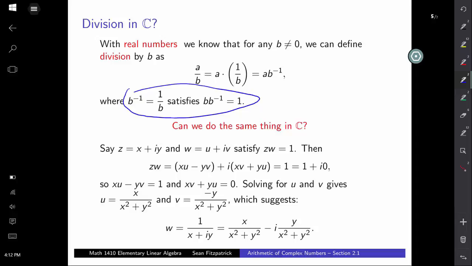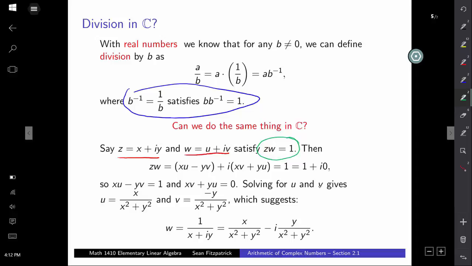Well, one way to think about it is you just try to solve an equation, right? So you choose two complex numbers, say z, w, and you want them to satisfy this relationship. You want their product to be equal to 1. So I'm going to try to write the entries of w in terms of the entries of z in such a way that the product is equal to 1.